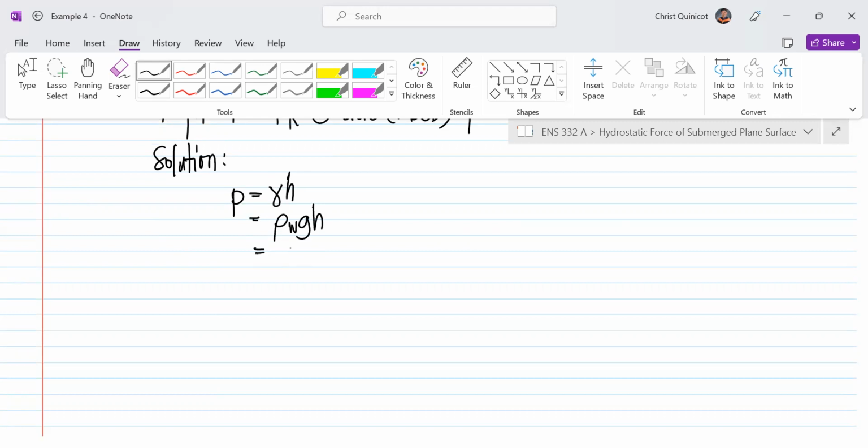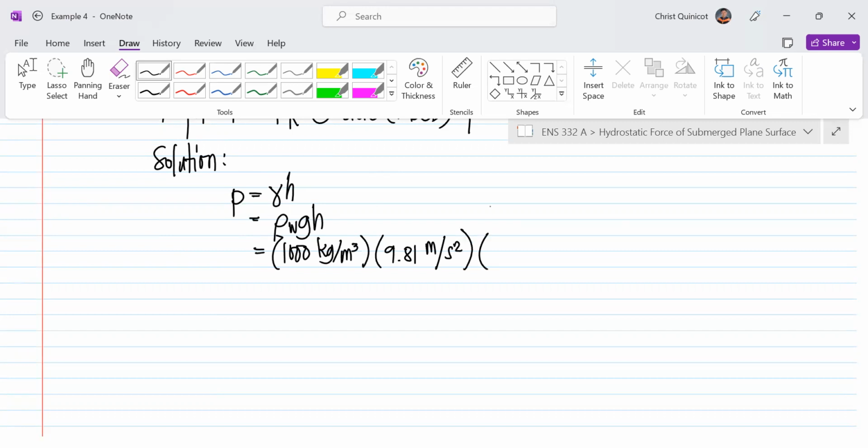And this is 1,000 kilograms per cubic meter times acceleration due to gravity, so that's 9.81 meters per second squared.